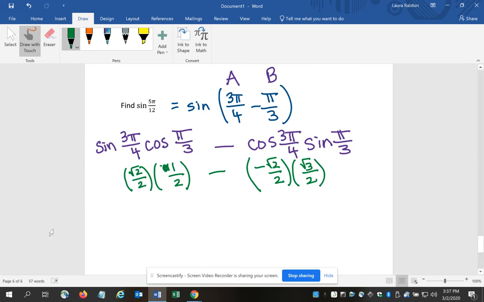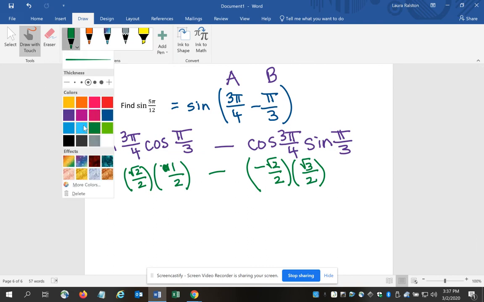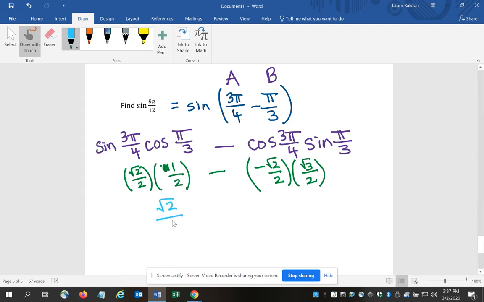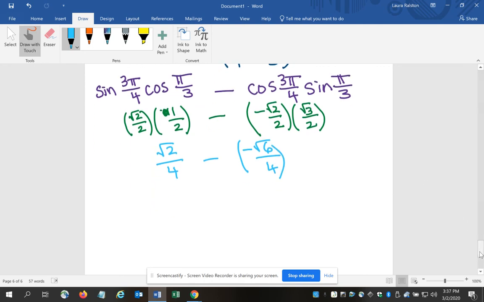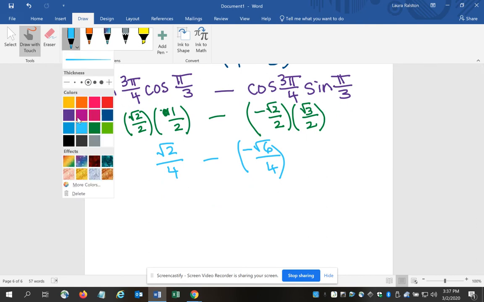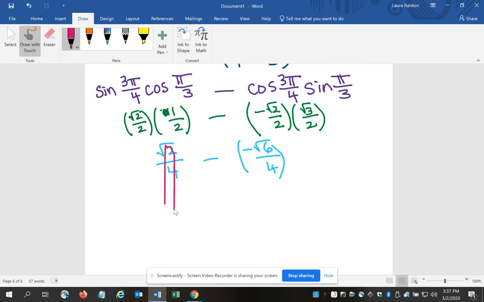Okay, so then I'm going to multiply them together. Remember, do the numerators together and then the denominators together. So when I multiply them, I have square root 2 over 4 minus the negative square root of 6 over 4. And I can simplify that just a wee bit.